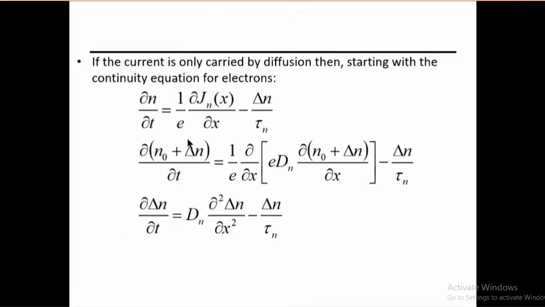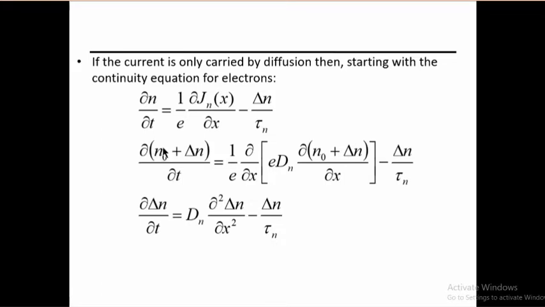Now we will go back to the continuity equation and write it in this form. I have del n by del t, the change with respect to the neutral plus delta n by delta t.